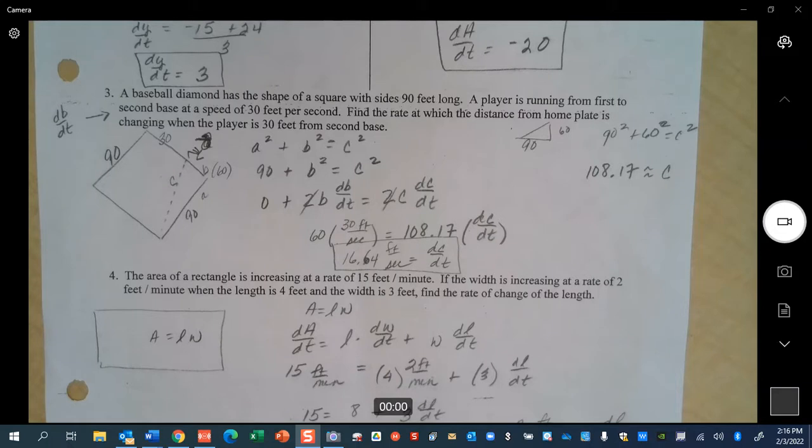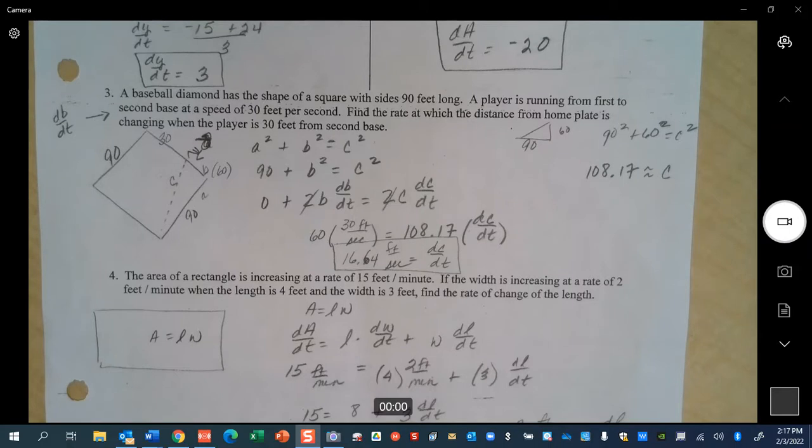Because that is a constant, when I go ahead and I fill in the change of B compared to T, oh, no, A is a constant. See, that's where I get 0. This is where he's running at 30 feet per second. And that's how quickly my distance from home plate is changing.